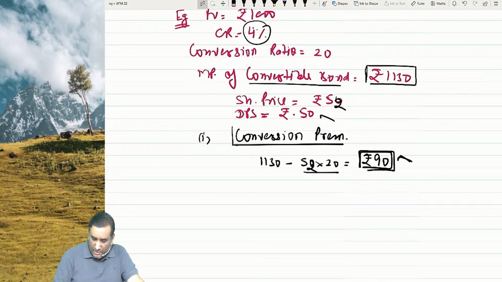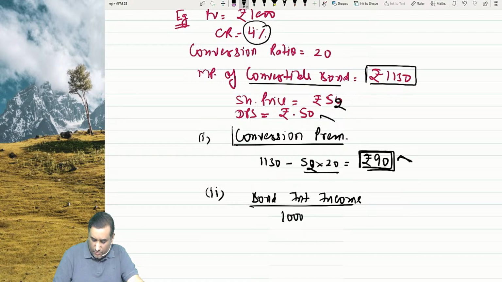Now help me out with data points. What is my bond interest income? If I put my bond income, that would be 1000, how much percentage?